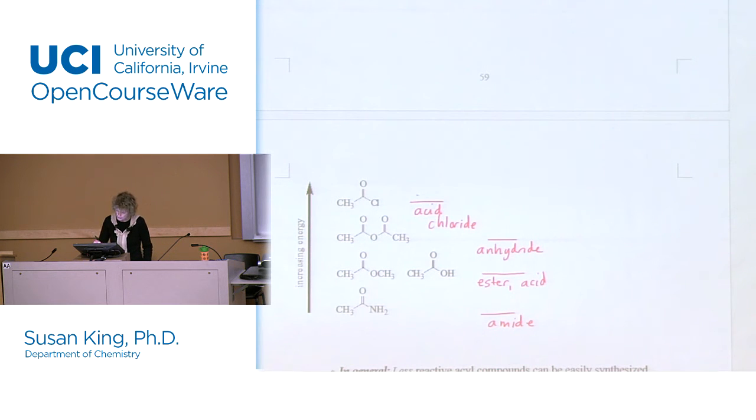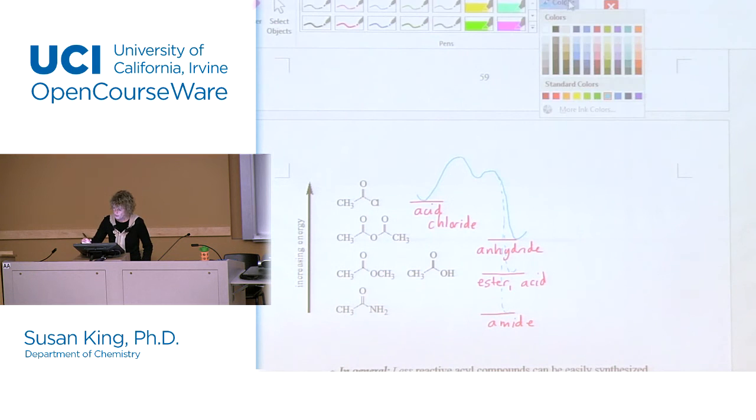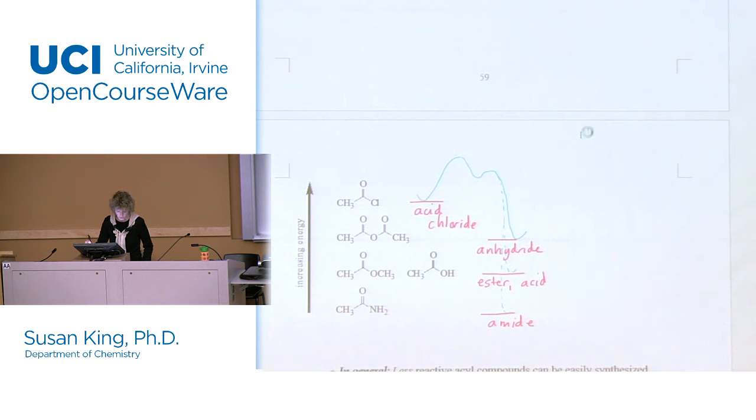So if we have an acid chloride, you can have the small energy of activation here, and then small energy of activation for the second step. And then likewise, we can go down here easily, and we can go down here easily. If we try to go the other direction, which would be uphill reaction, you run into a problem. So for example, let's say you try to take an ester, which would be right here, and go to an acid chloride.